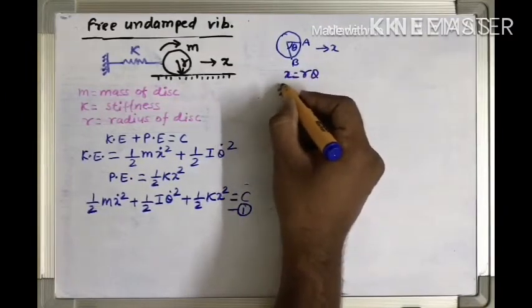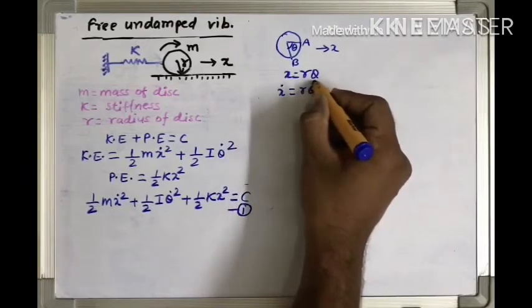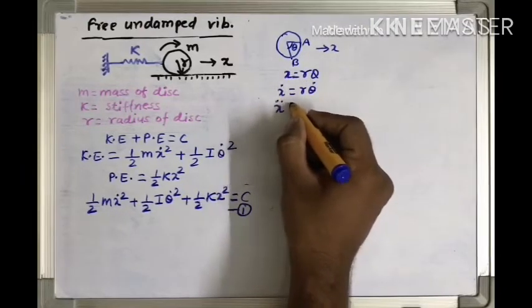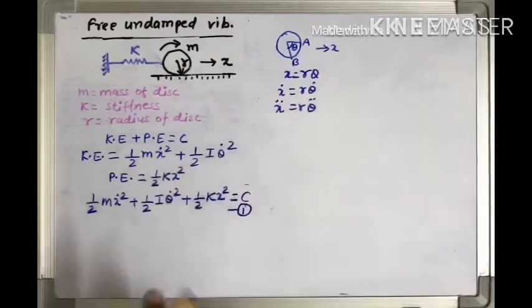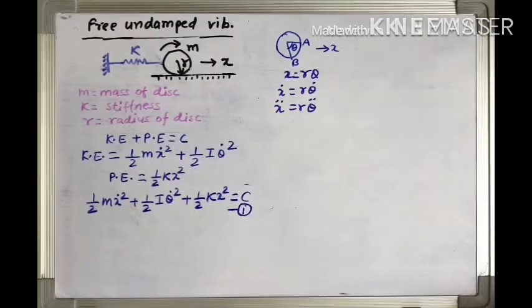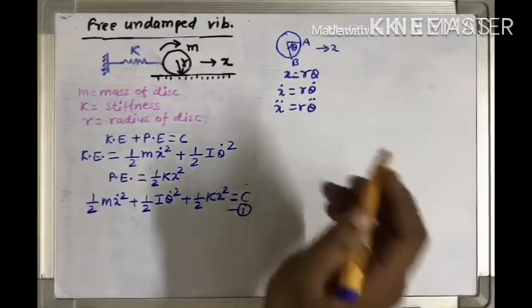The first derivative of x would be r theta dot, and the second derivative of x would be r theta double dot. So in this condition we can put the value of x dot or x double dot, or theta dot and theta double dot, as per the requirement from this equation.